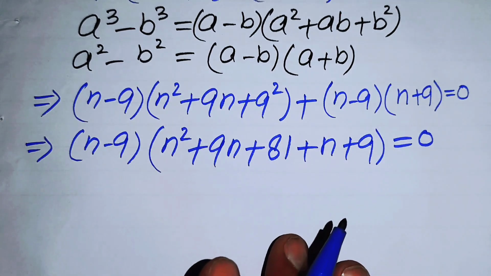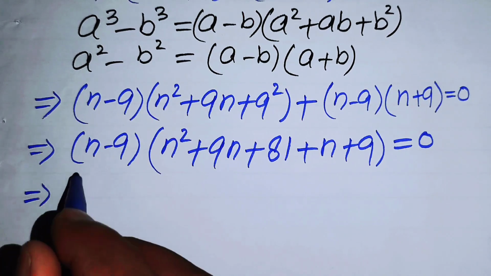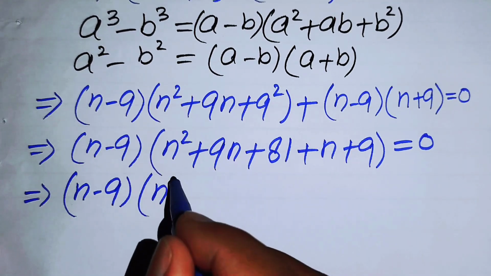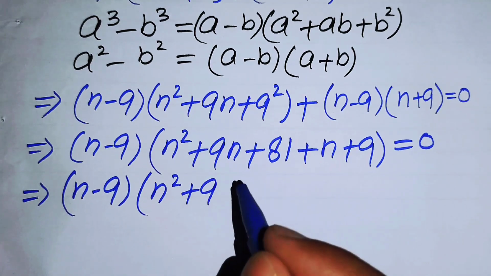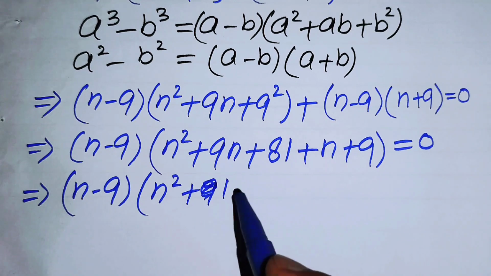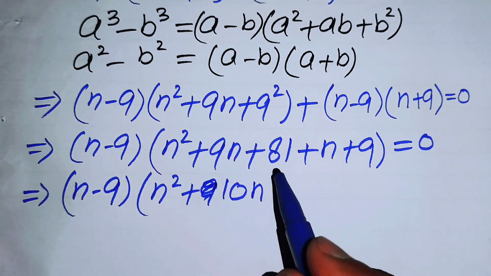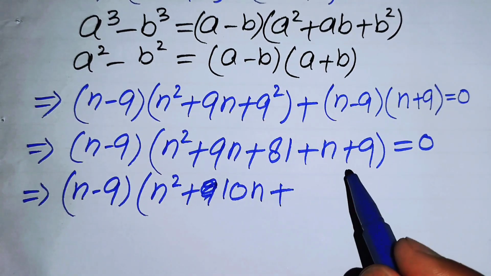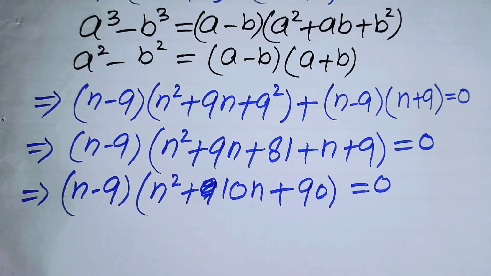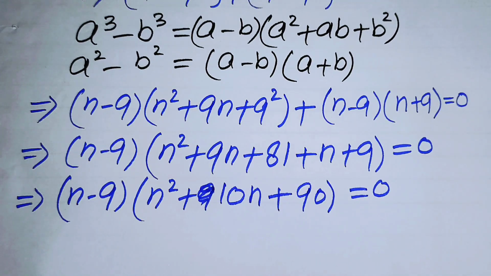Now we simplify the terms, and you get n minus 9 times n squared plus 9n plus n, which is 10n, and 81 plus 9, which is 90, and the whole is equal to 0.